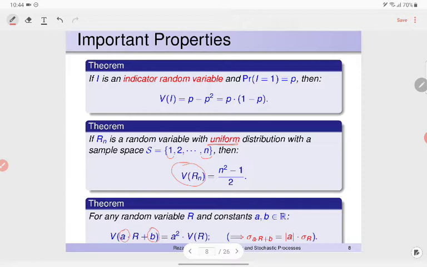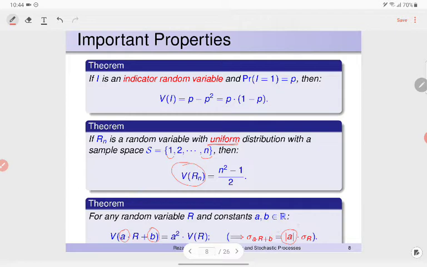And if this is the variance, then on the level of standard deviation, the standard deviation of aR plus b is equal to the absolute value of a multiplied by the standard deviation of R. Why is it the absolute value of a?